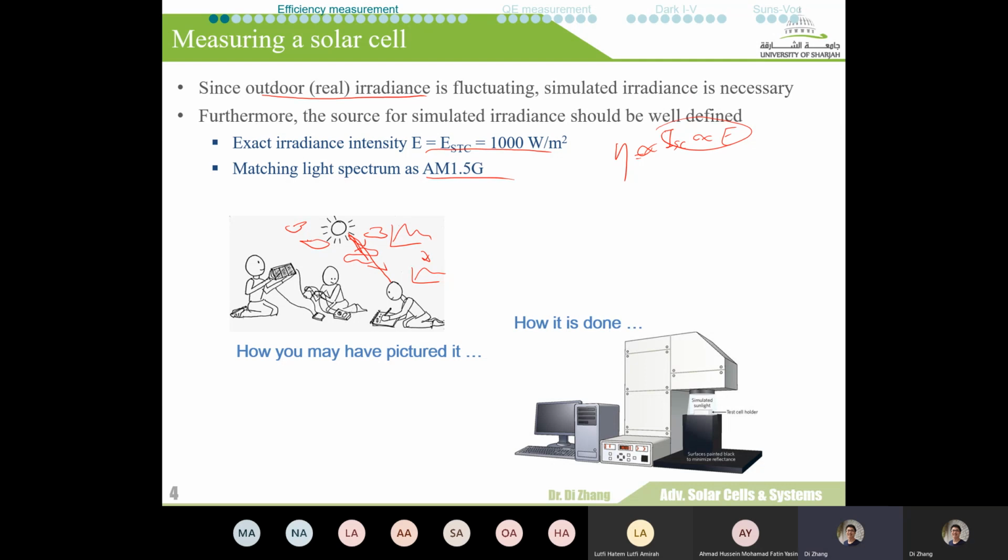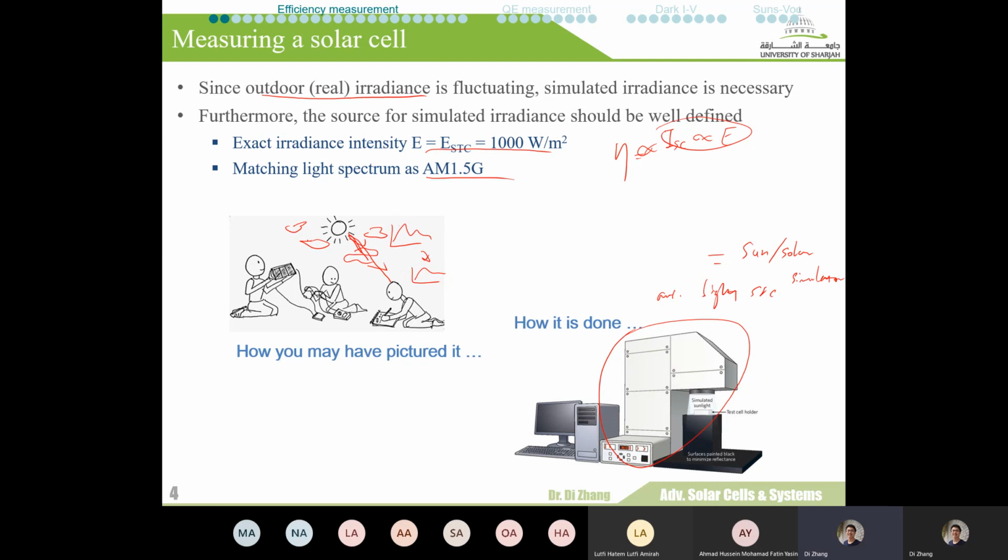Okay, so in the lab, typically we prefer to use an indoor measurement with an artificial light source. This artificial light source is called a sun simulator or a solar simulator.